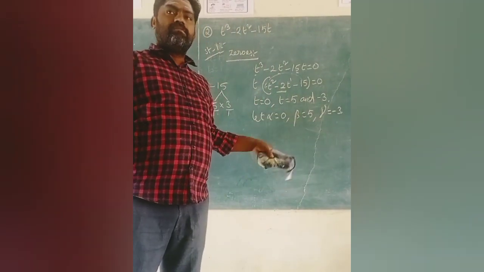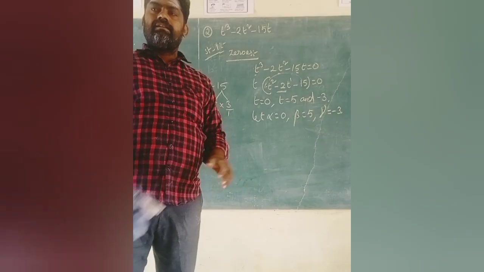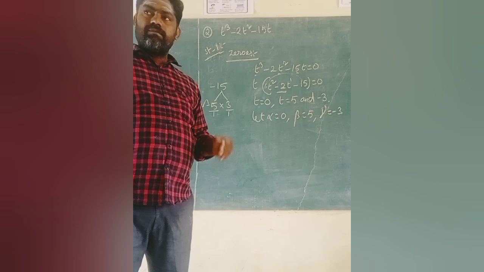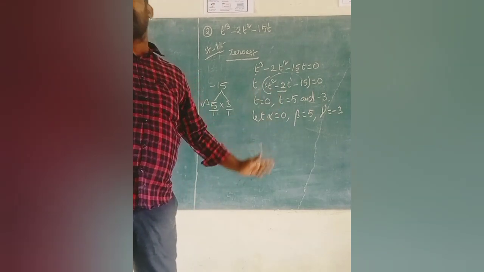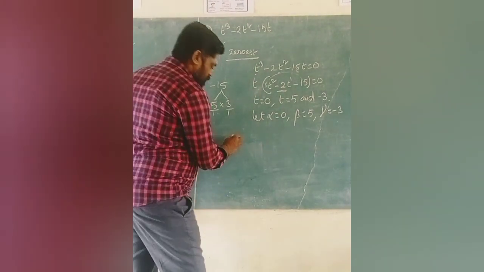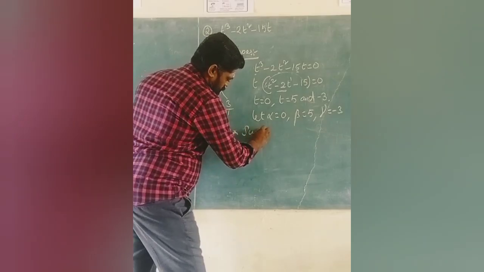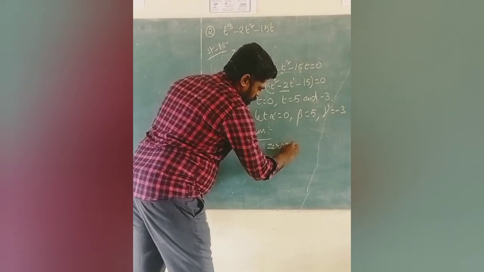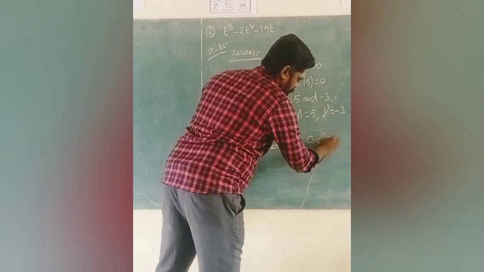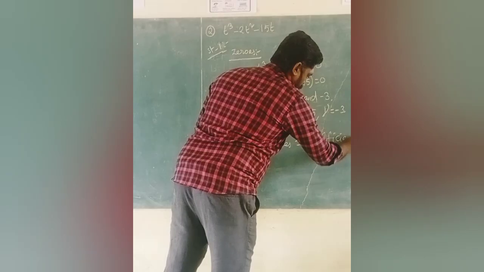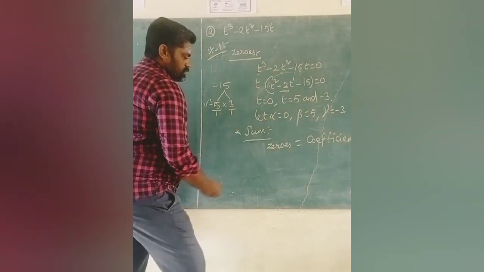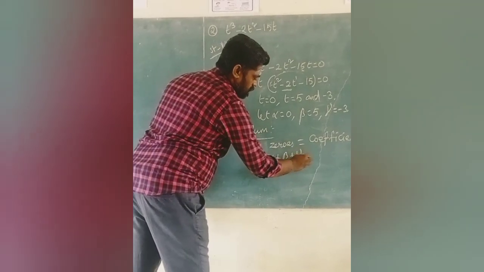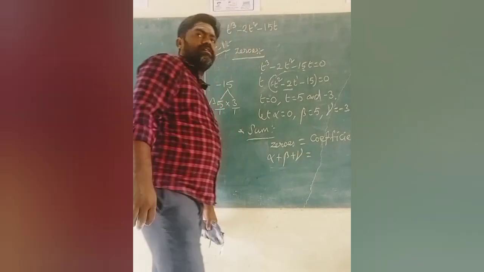We need to find the sum of the zeros, the sum of the products of the zeros, and next, the product of the zeros. 3 kinds of zeros we must use. Okay, the first one is sum. Sum of the zeros, alpha plus beta plus gamma, is equal to, what is the formula?